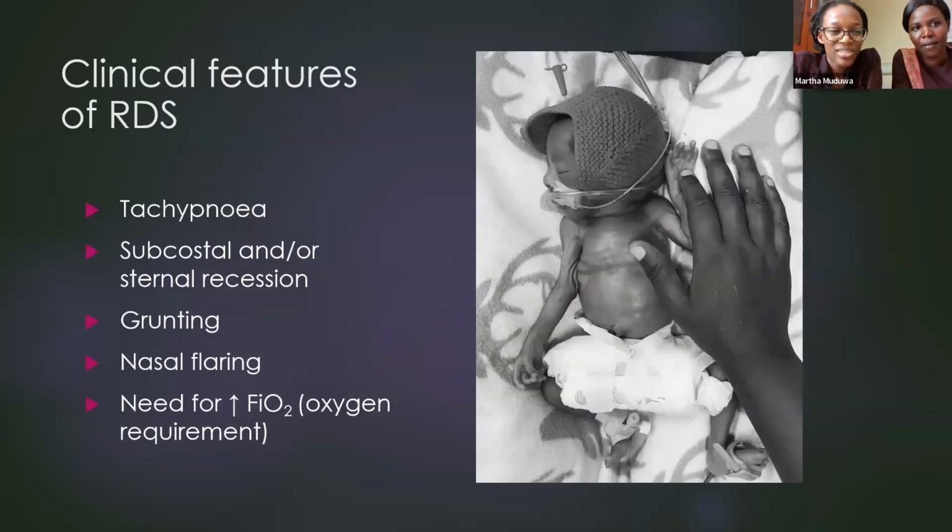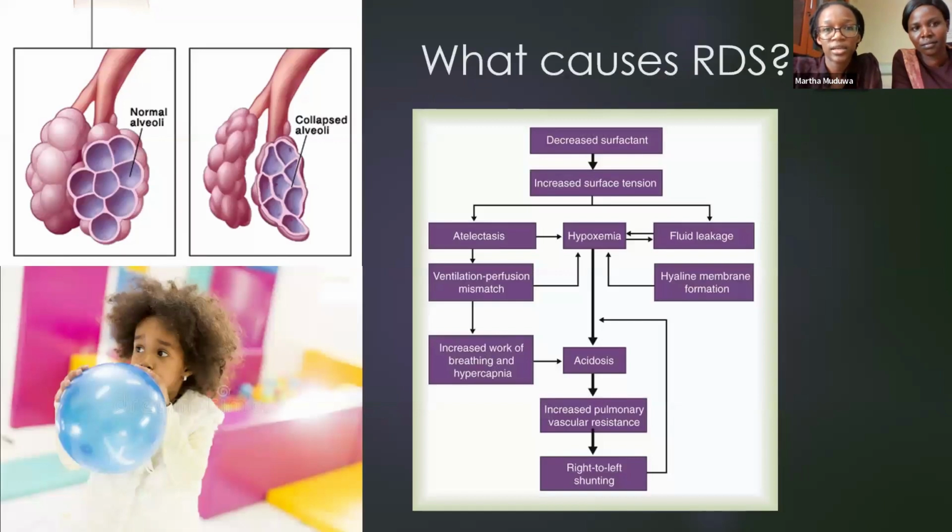So that's a baby with distress. That's what they'd look like. They will also have grunting, which you could hear with or without a stethoscope. They could also have nasal flaring, and there's also need for increased FiO2. So they have higher requirements of oxygen. I'll explain a bit more about the FiO2 later, further down in the slides.